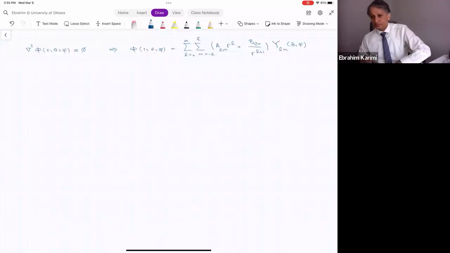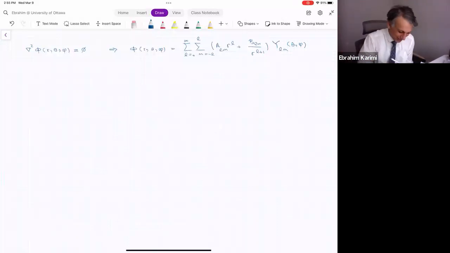Do you agree? Right. And Y_lm was the answer to the solid angle Laplacian. People usually call it the Laplacian with respect to theta and phi, but I have to be careful. Let's call it the Laplacian with respect to omega.